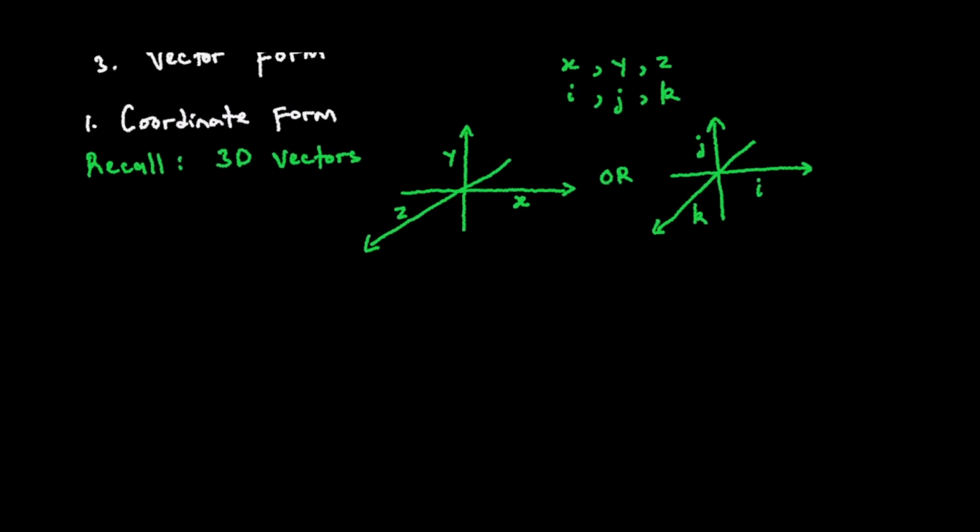Okay, what is going to be our first note? The three directions, that is dimensions, x, y, and z, are expressed in row form. So for coordinate form, vectors are expressed in row form.